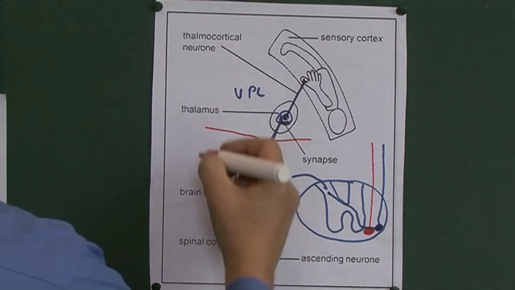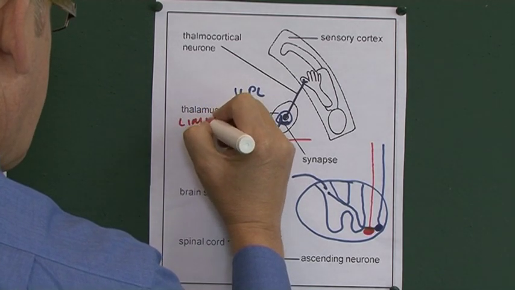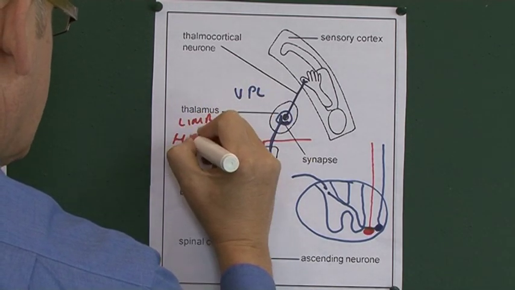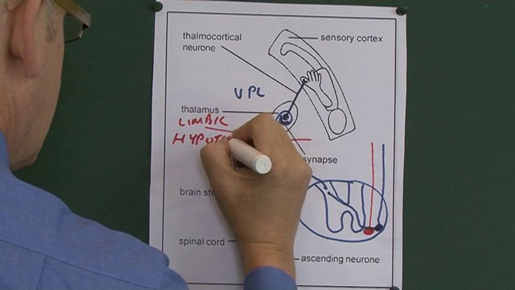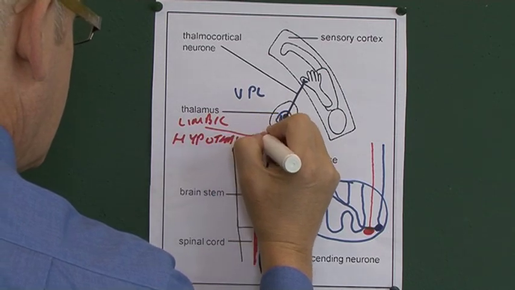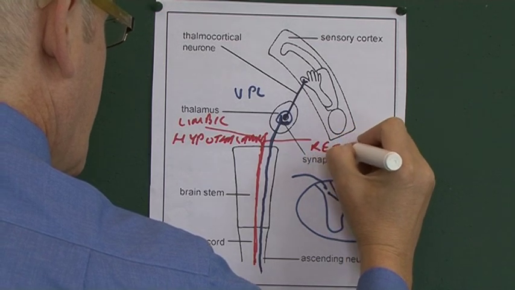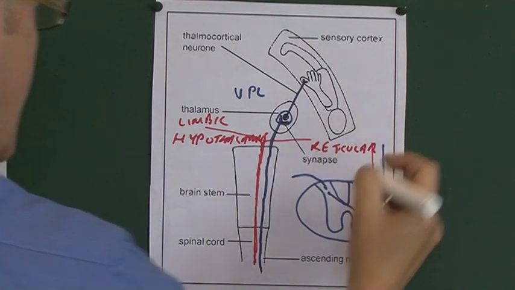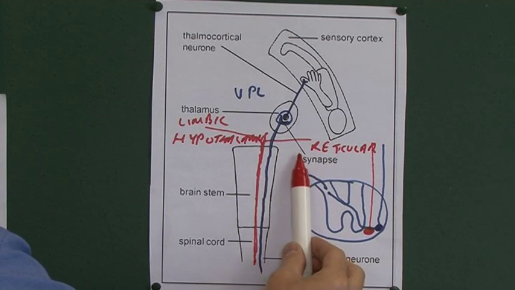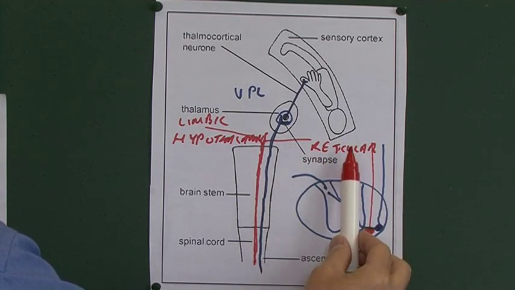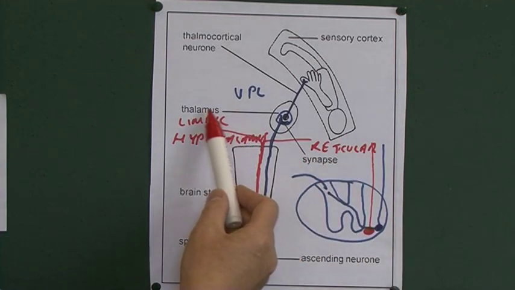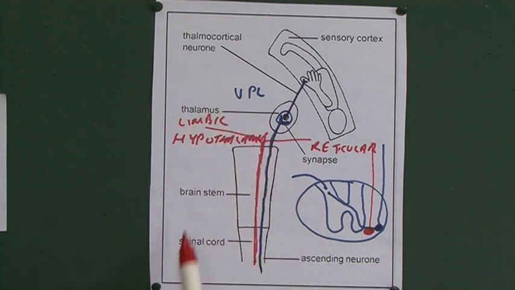So some are going to the limbic areas, hypothalamus, and others to the reticular system. The reticular system is what causes activation of the brain, it keeps you awake, and the limbic system and the hypothalamus are involved in emotional responses.